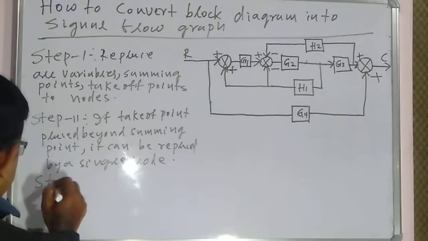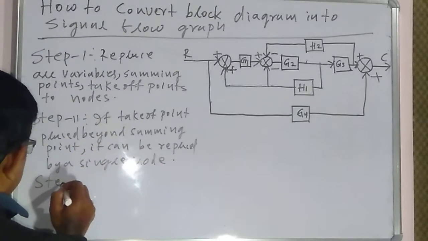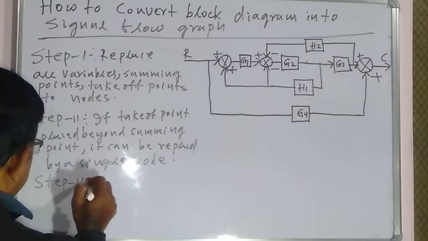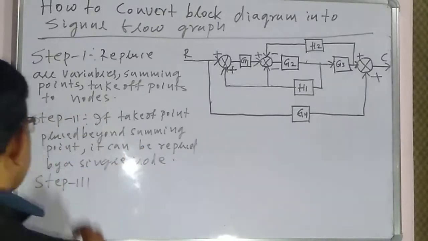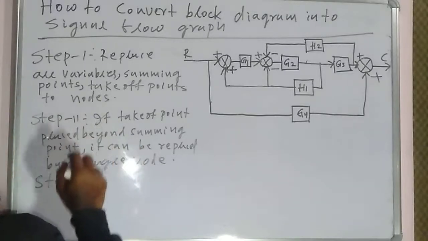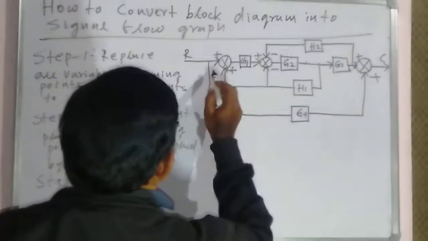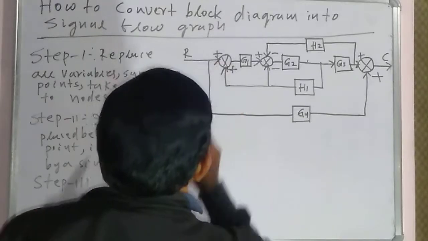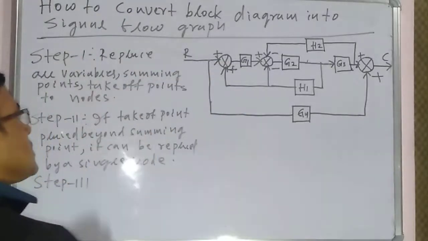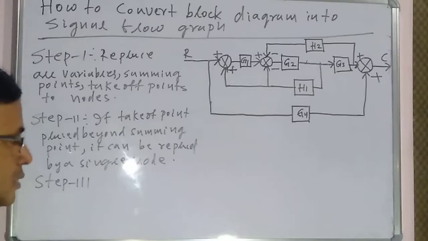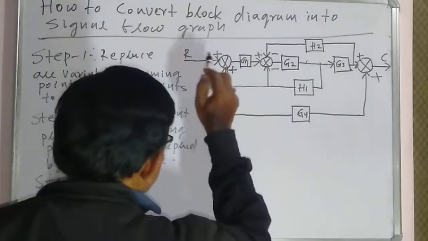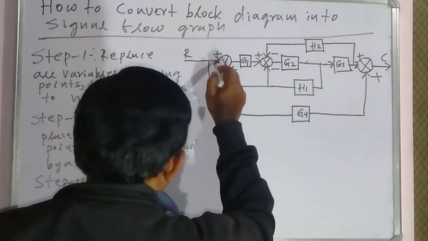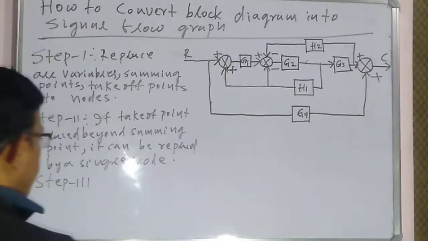Then step 3: if the takeoff point is placed beyond the summing point, this is the case, this is the takeoff point that is beyond this summing point, then we can replace this by a single node, or we can replace it by two nodes with gain equal to 1.